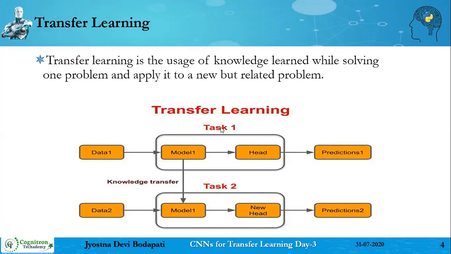Already for task 1, we designed one model, and using that model we evaluated the predictions for the first task. That is done anyhow. But now we are going to design task 2, which is similar to the previous task. In that case, can we make use of the knowledge gained by the first model?